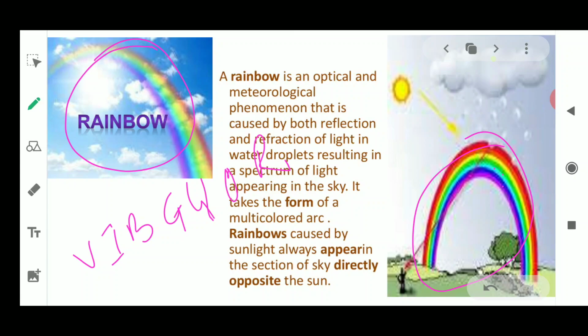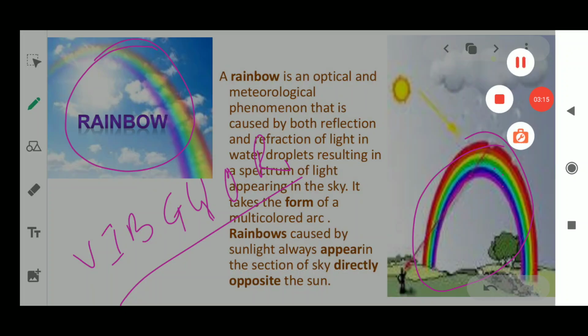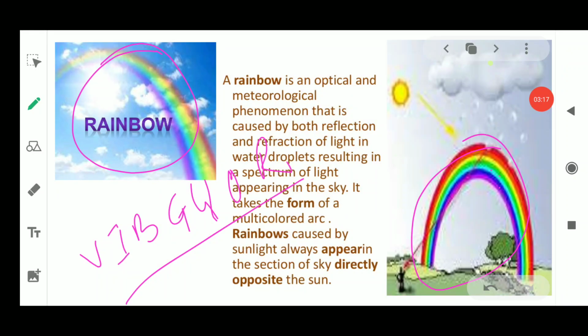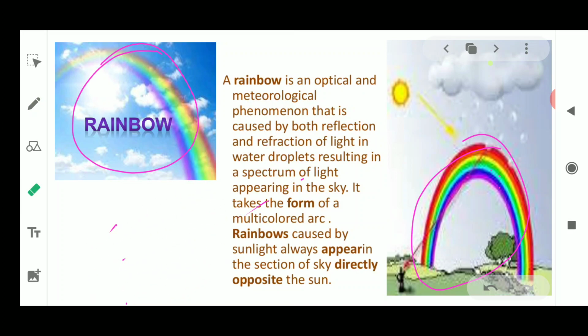Fine. So these colors are in the form of Vibgyor, as I said. The formation of a rainbow is an optical meteorological phenomenon, as it is formed in the sky, and it involves both the refraction and the reflection of light. How is it that in a rainbow both are involved?